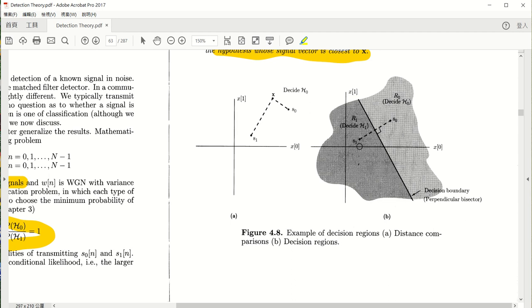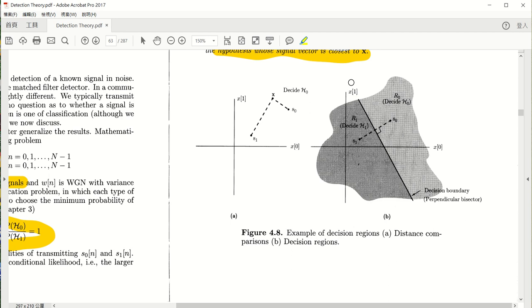Then the other thing is, if we look at the vector space, S1 is located here and S0 is located here. Now we are trying to find the region for smallest distance. What will we find? We are actually finding a line, or a hypersurface if it's in high dimensional space.